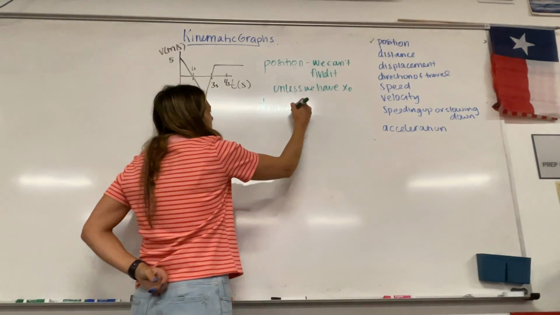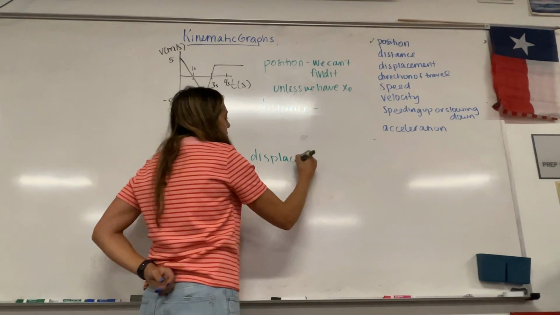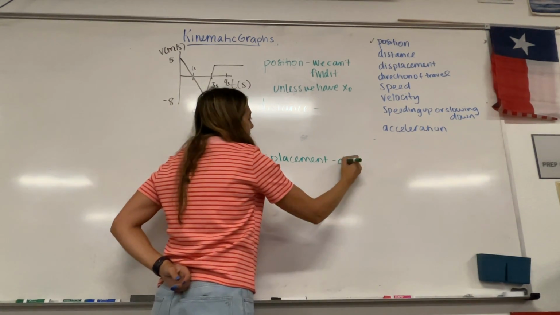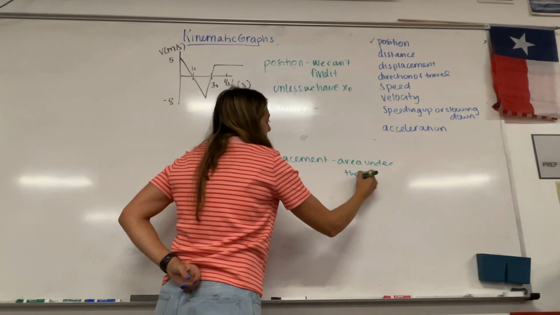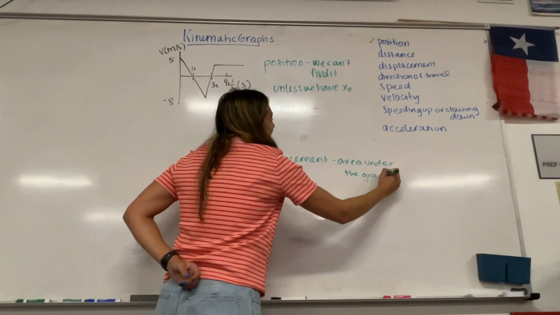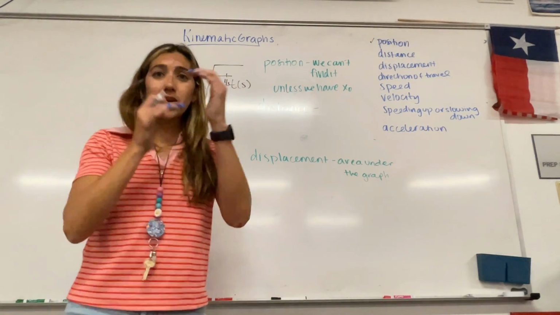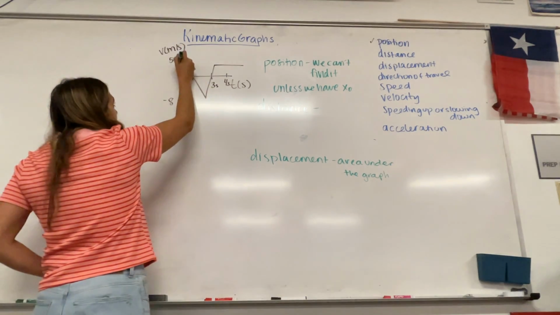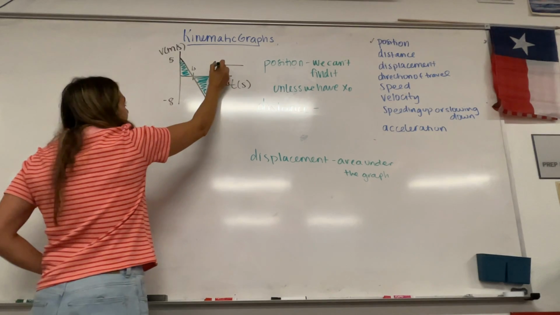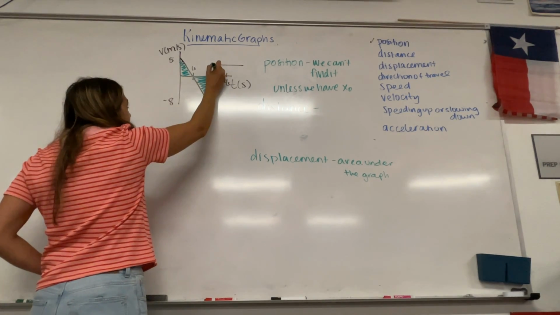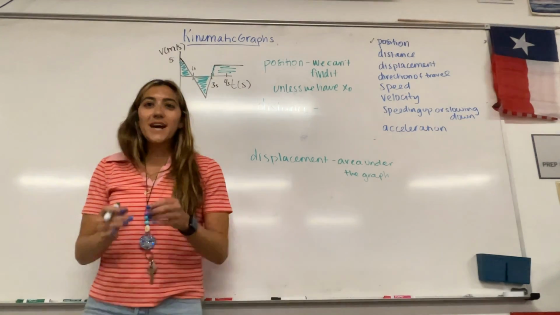Let's talk about distance and displacement. We're going to do displacement first. Displacement is the area under the graph. Technically, it's between the graph and the x-axis. That's technically what it is. So it would be this area and this area, and that's a little tiny triangle, and then this guy. That's the area under the curve.